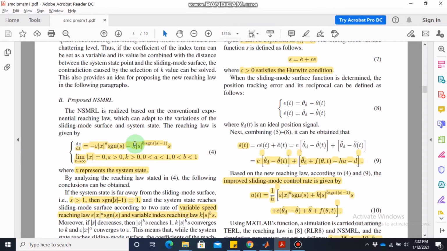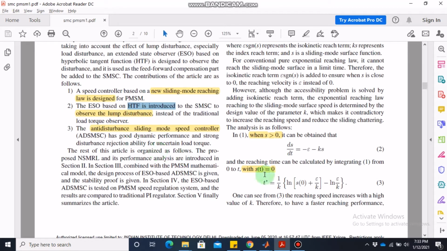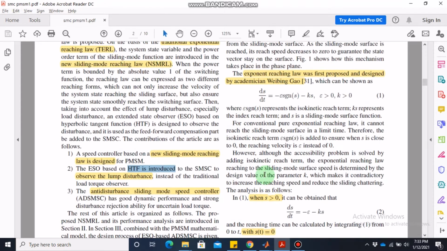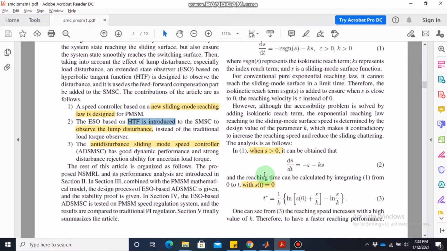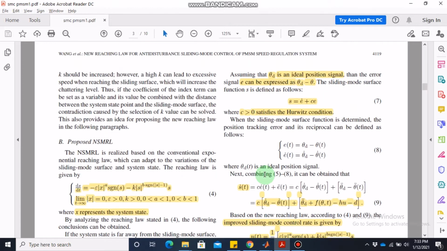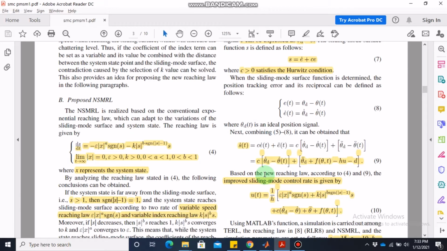The sliding surface should be somewhere around here. Where is it? Okay, there is the sliding surface.